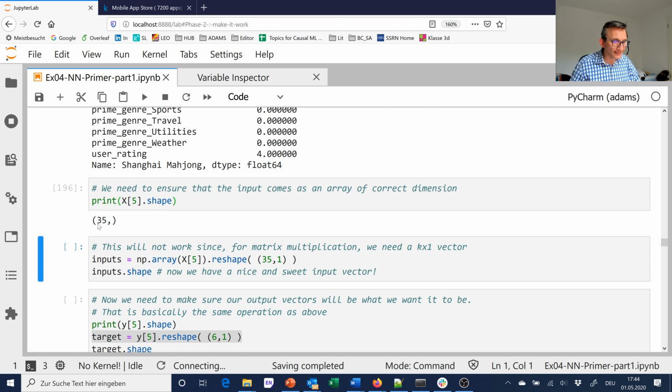And what you see here is that our data point, our fixed app in our matrix, Mahjong, NumPy stores that as a one-dimensional array. And you see that here, 35, comma, nothing. That's a 1D array in NumPy terminology. And the only reason I'm stressing that is that often you have to change that.